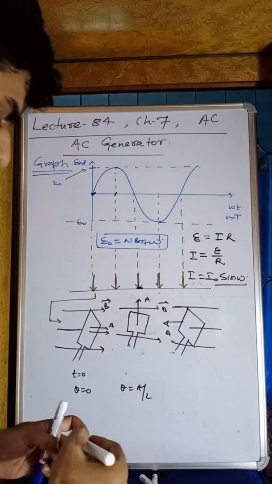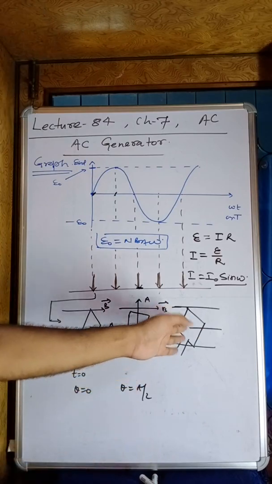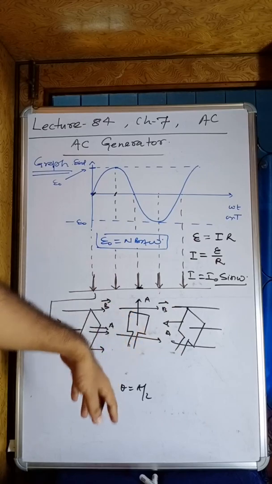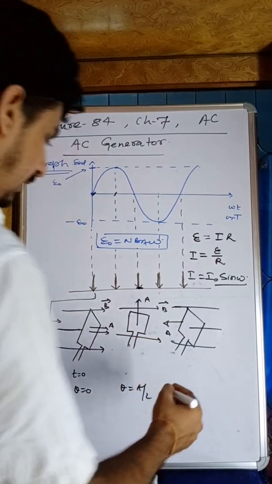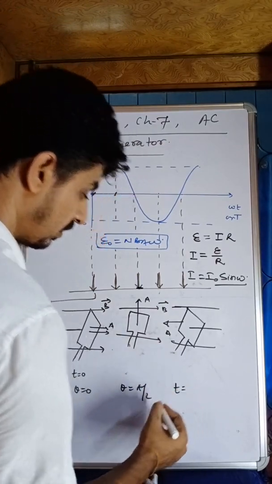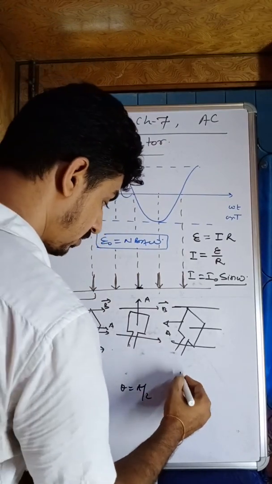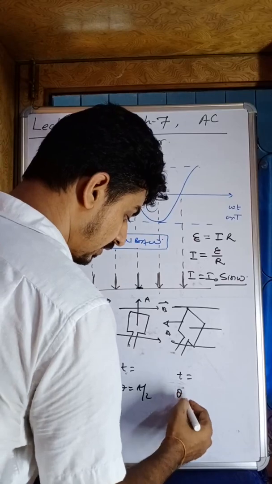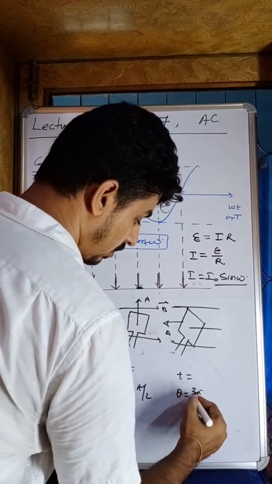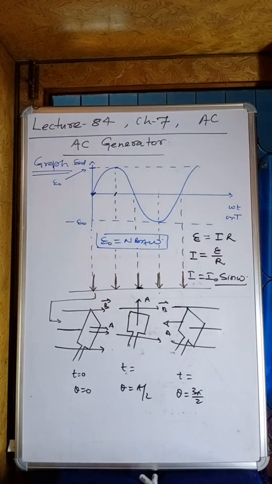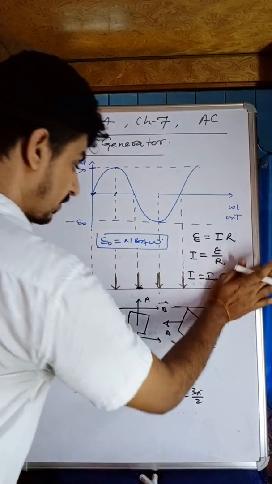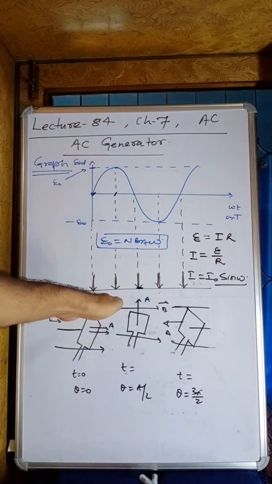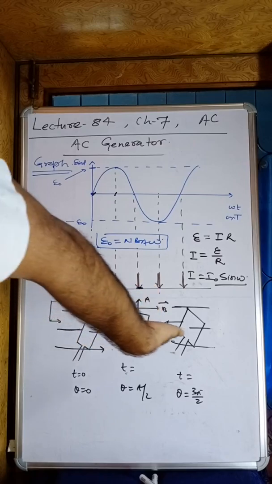Again this theta is 3 pi by 2, that is 270 degrees. We have not written the time here. After this orientation, the last orientation will be like the initial one, and it will rotate again in this way.